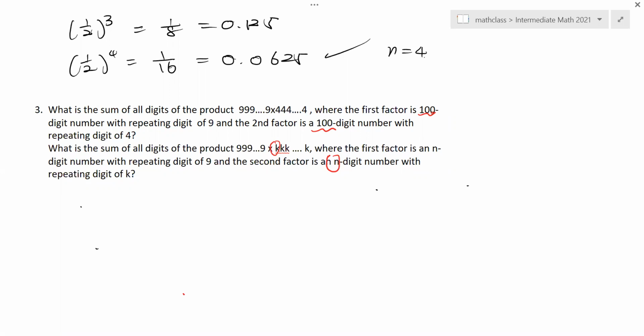A power of 10, so you could just do 4, 4, 4, 4, 4, and then there are zeros at the end, minus 4, 4, 4, 4, 4. So what is the result?